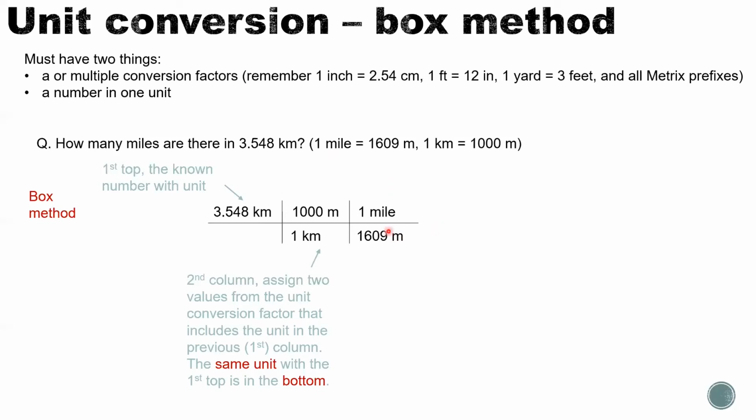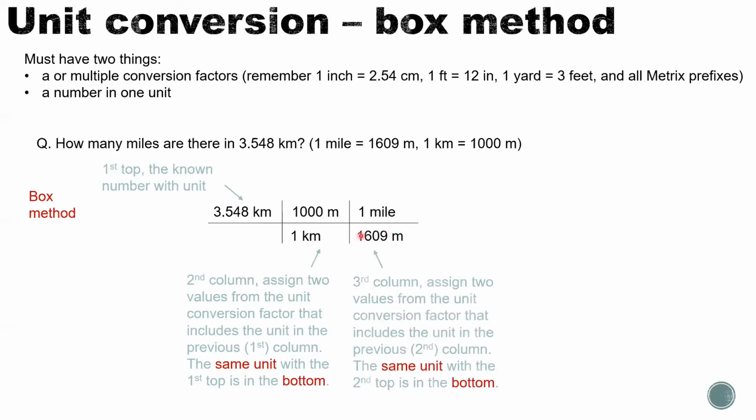So now you can see, if we just look at the units, in the very beginning we have kilometers, and in the very end we have miles, the unit we wanted as an answer. For the box method, each column corresponds to 2 values in the unit conversion factor. You need to be careful which one goes in the bottom and which one is on the top.